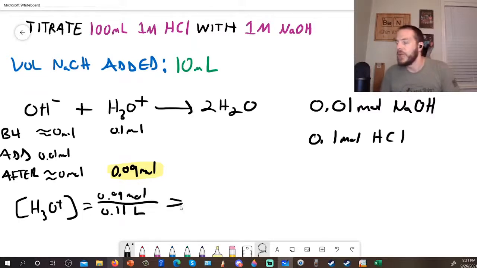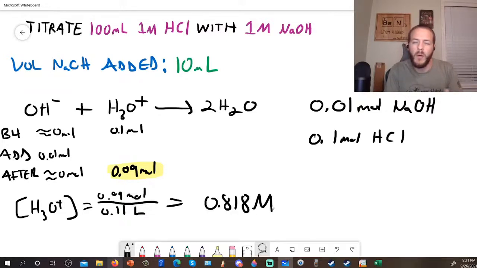And so I'm going to put this into my calculator real quick. So we have 0.09 moles divided by 0.11 liters, so that's 0.09 divided by 0.11, and that ends up being, I'll just do it to 3 decimal places, 0.818 molar, right?